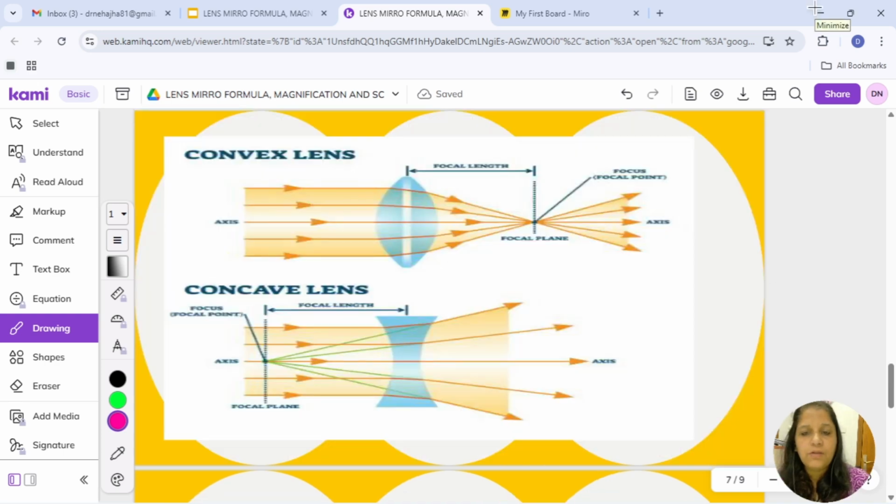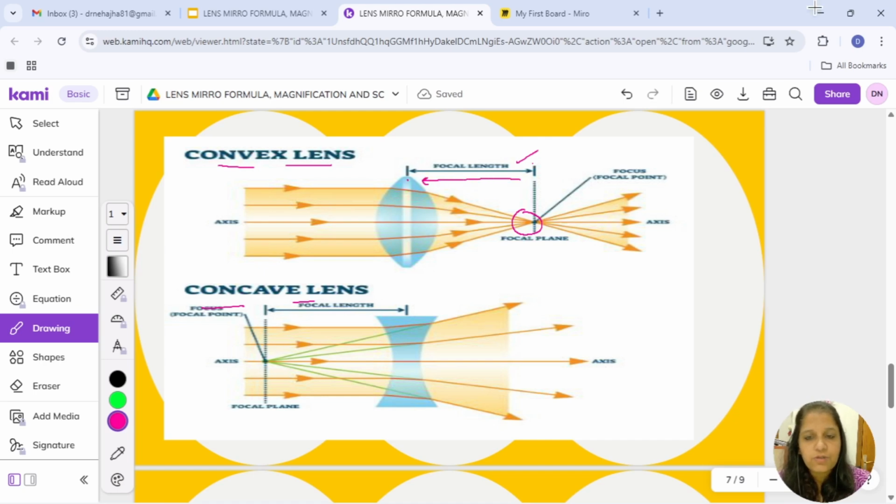From the diagram, you can understand where exactly the focal length is in the case of a convex lens and a concave lens. A convex lens, as you know, is a converging lens, and the image is always going to form on the positive side of the x-axis, and therefore this is the distance between the lens and the focus for this particular lens.